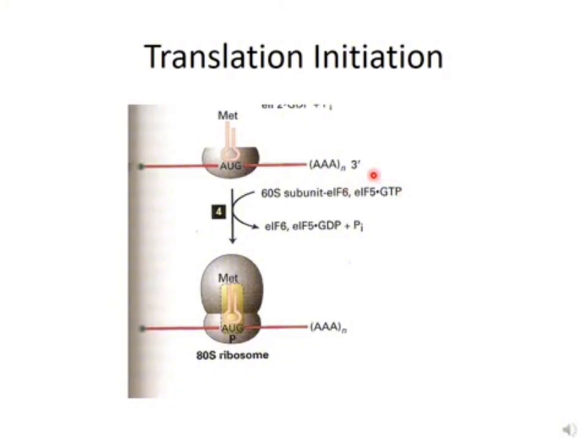And then the EIF5 bound to GTP hydrolyzes the GTP bound to it in order to cause a change in conformation in the larger subunit that would make an irreversible attachment between the larger and smaller subunit. Notice that the AUG and the tRNA are at the P site of the ribosome. Also note that the P stands for polypeptide.